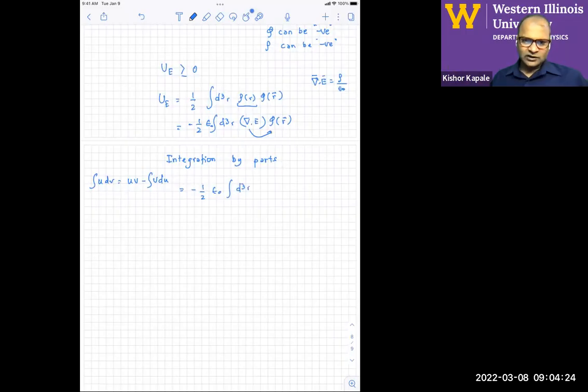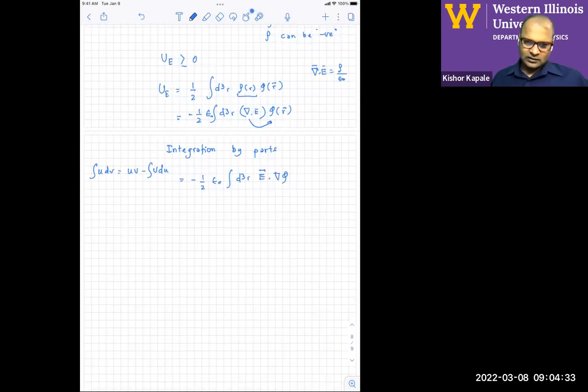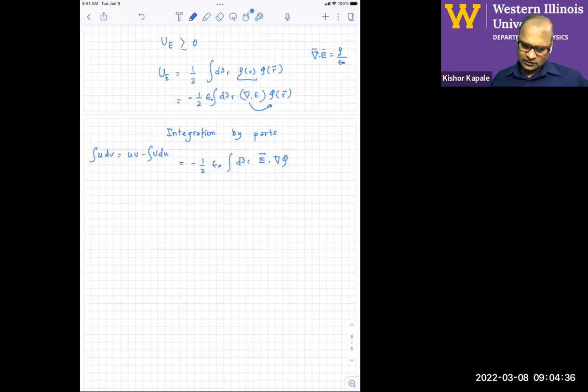We move this derivative to phi from E, so it just stays as E dotted with gradient of phi, and the other term that remains, which would have a positive sign, is the uv type term, divergence of phi E. Okay.